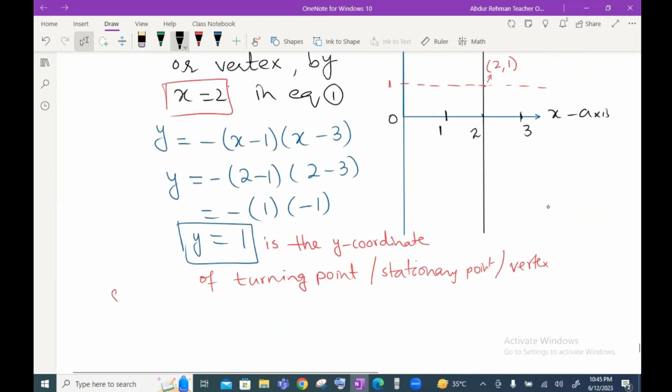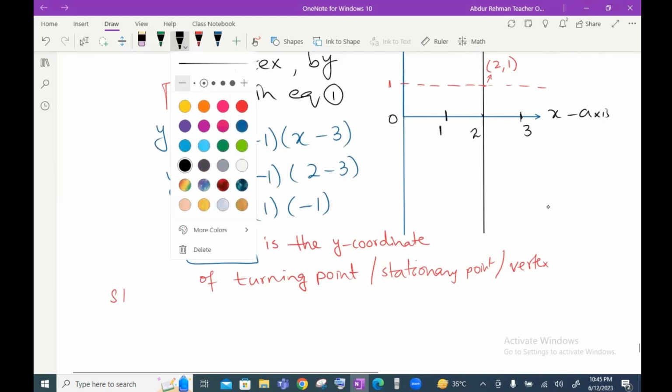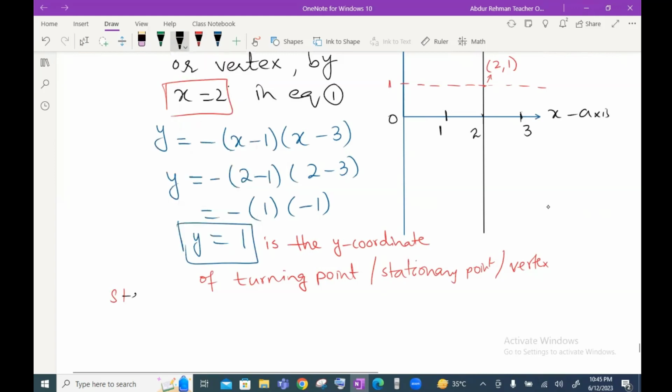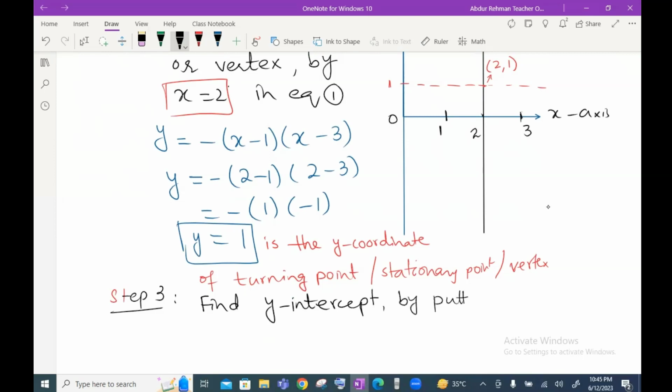Step number 3: find the y-intercept by putting x equals 0 in equation number 1.